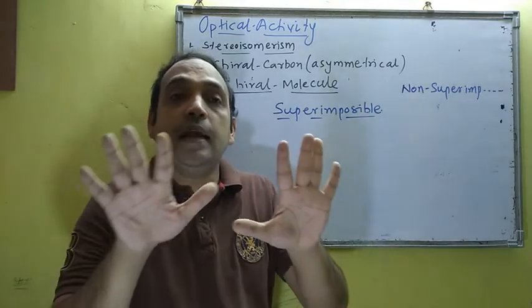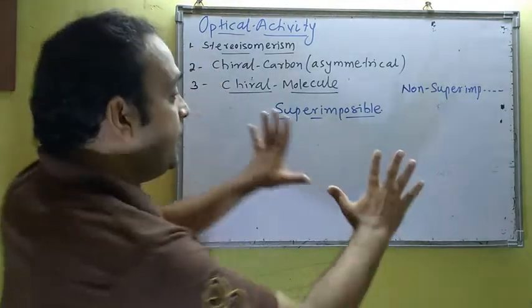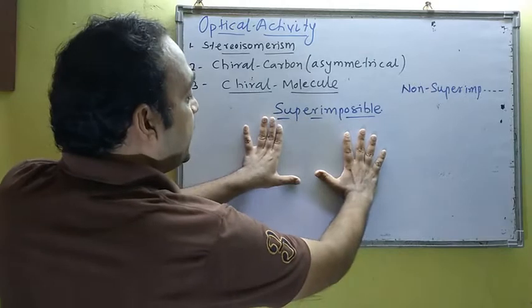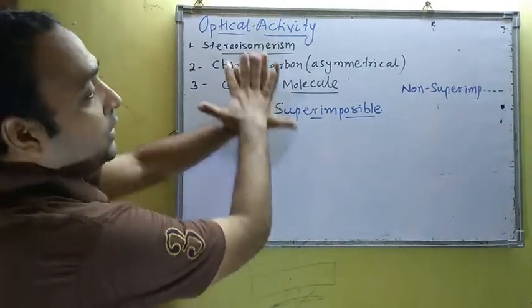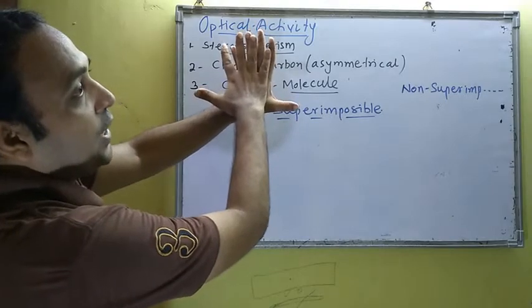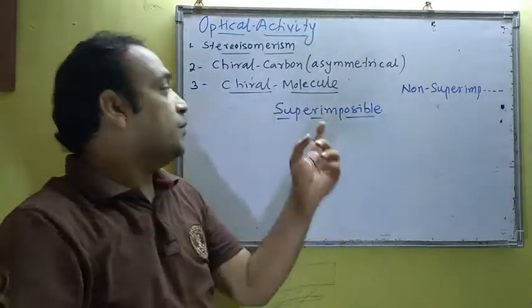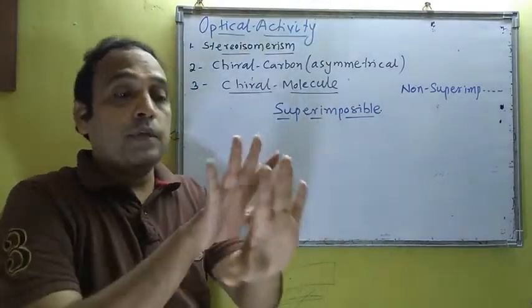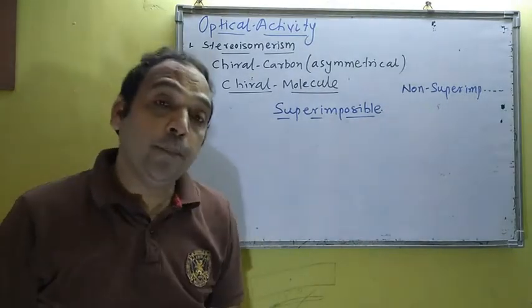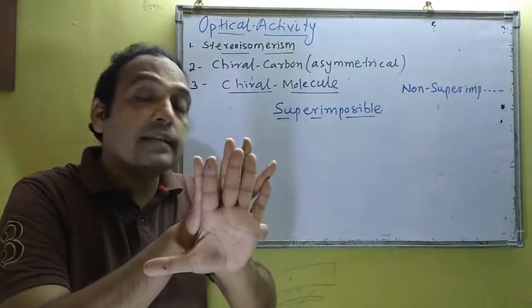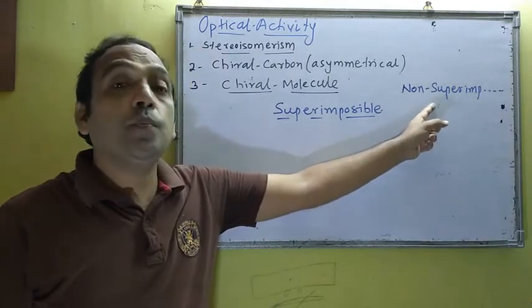Two hands are an example of non-superimposable. See, this one is my object and this one is the mirror image. They do not fit on each other. The thumbs are in opposite directions. If they fit on one another, we call it superimposable, and if not, it is called non-superimposable. So my two hands are an example of non-superimposable.